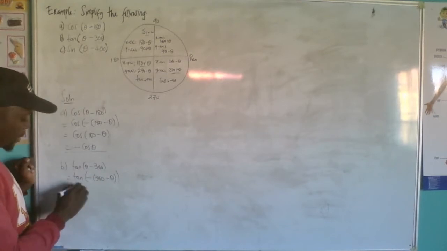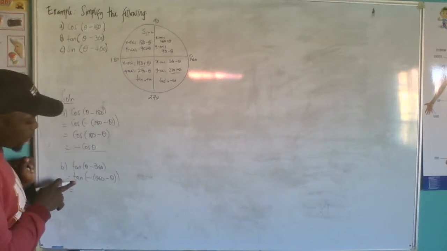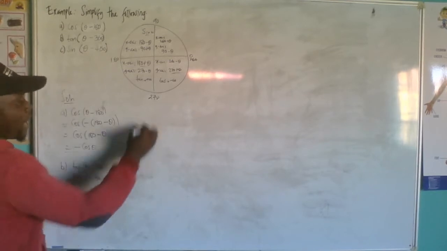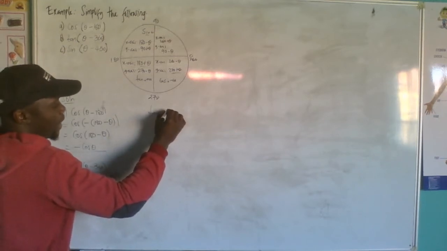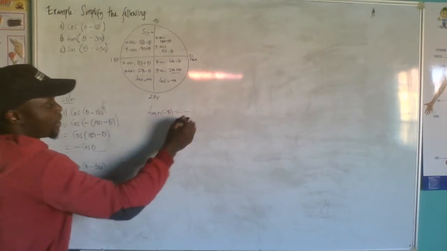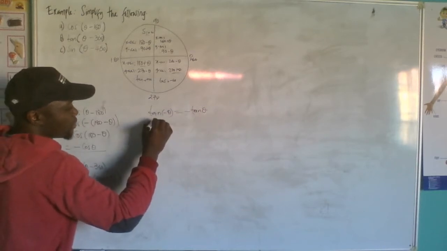Something like that. Then, since this is tan, what does tan do to the negative? Because this is a negative angle, remember, whenever we have a negative angle, this is the same as taking the negative to the front. So it becomes negative tan theta. The same applies to sine.